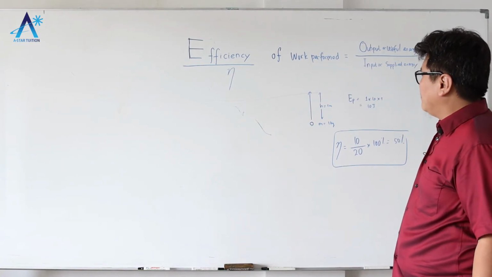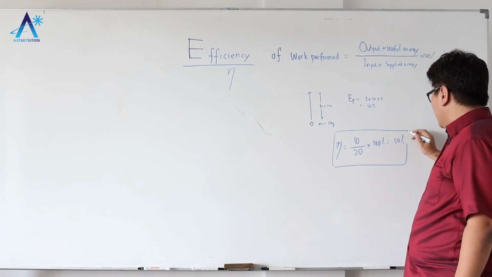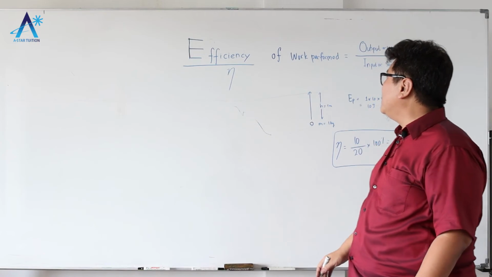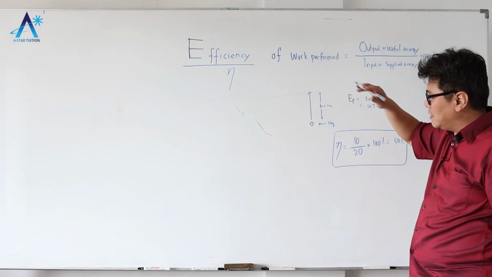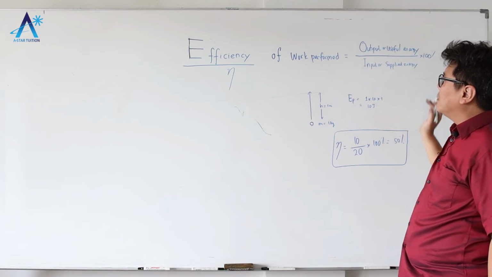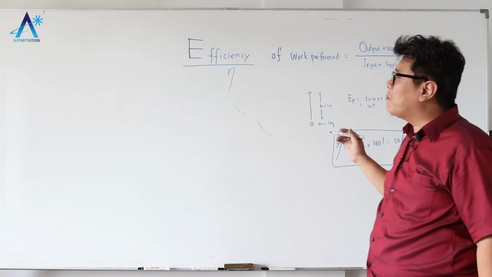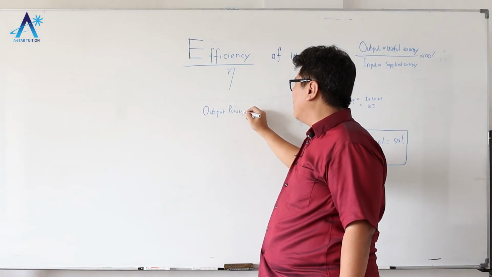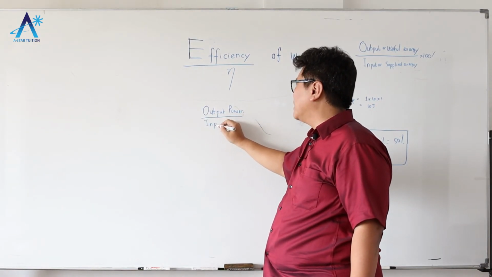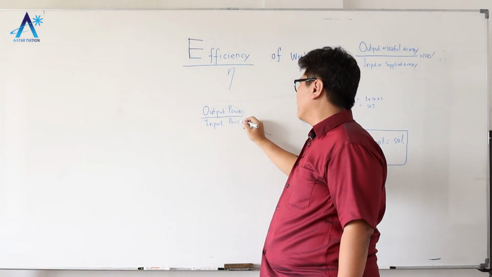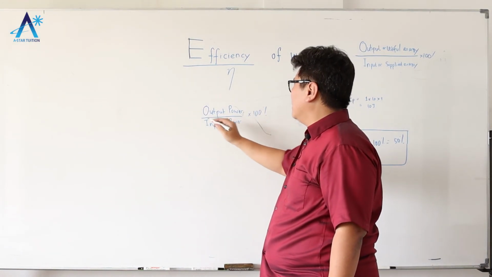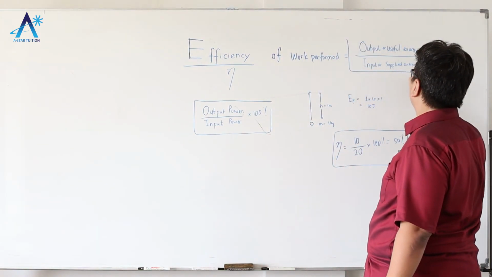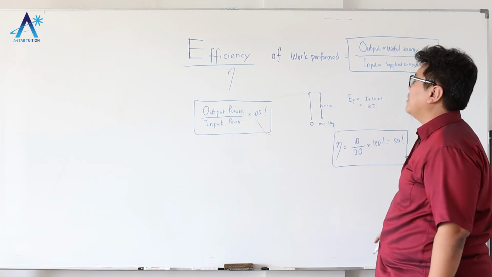Okay, now this quantity, because of the way you define it, has no unit. But efficiency doesn't need to be defined in terms of work, it can also be defined in terms of power. So you can write it as output power over input power. So either you use output power over input power, or useful energy over supplied energy.